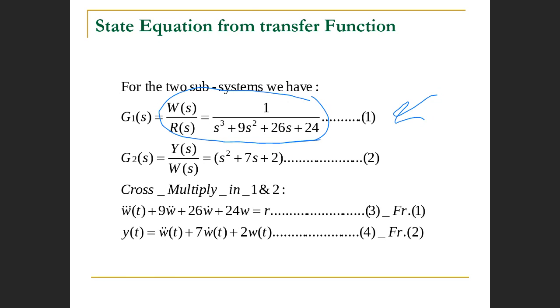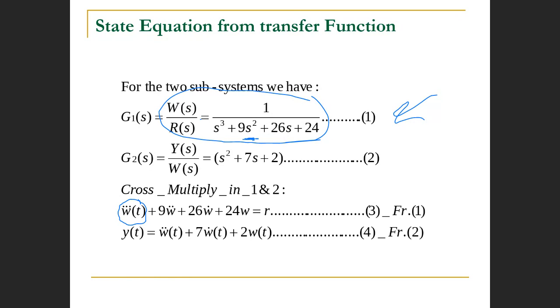And when we take the inverse Laplace, we can see that the S cubed times W of S will give us W of t in the third derivative. Is that understood? How about 9S squared times W of S? When we take the inverse Laplace, look at the S squared here. It will be the double derivative.